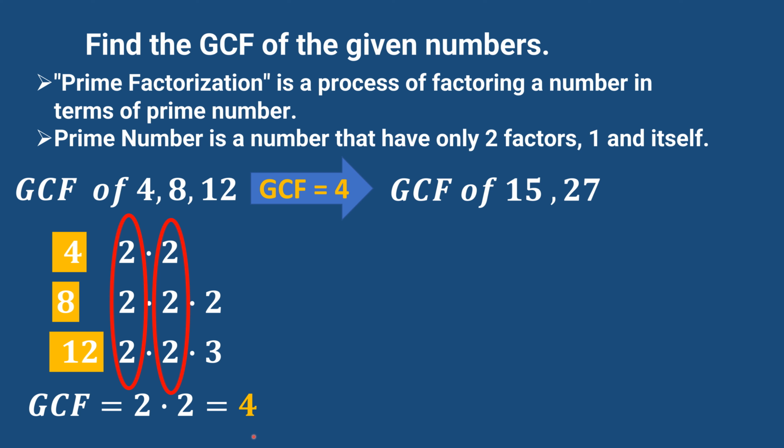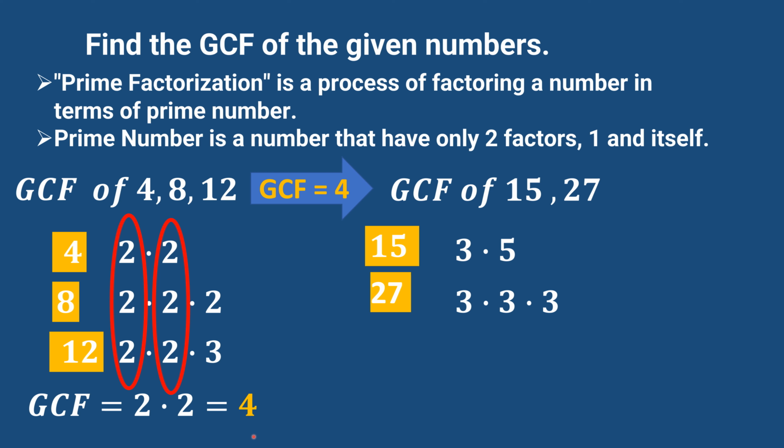Okay, let us try the numbers 15 and 27. Let us find their prime factors. 15 has 3 times 5. Again, the 3 and 5 are already prime. While for 27, we have 3 times 3 times 3, thus it's already 27.